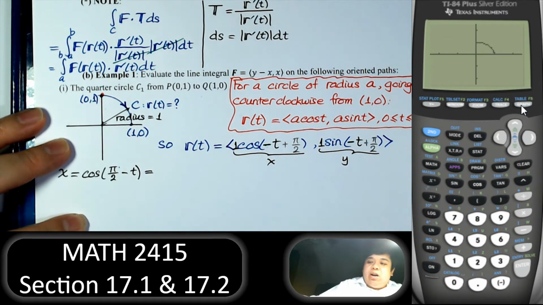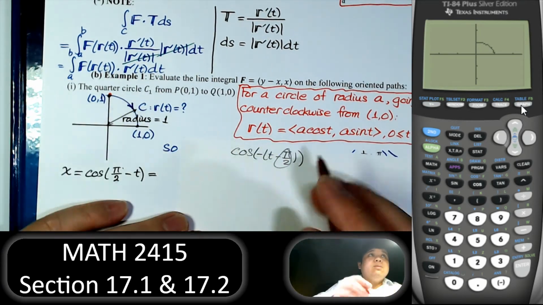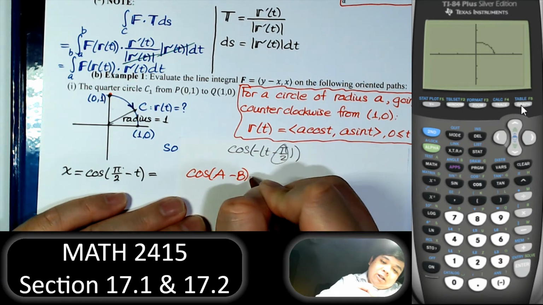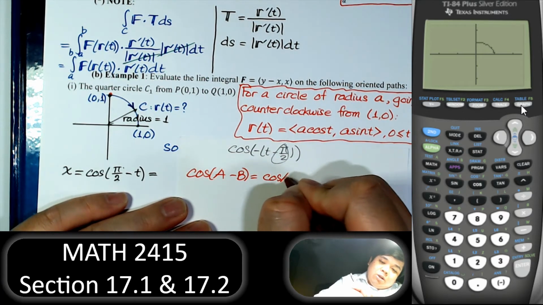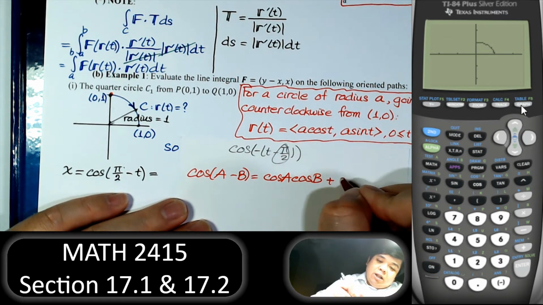Cosine of a difference: cosine of a minus b is cosine a cosine b plus sine a sine b.